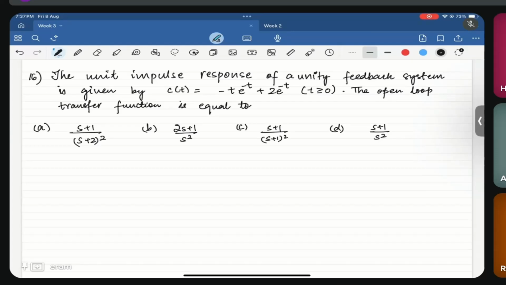If you understand what is unit impulse response and what is unity feedback system, then you will be able to solve this problem very easily. So read this question again and again, then try to figure out what actually is given to you.